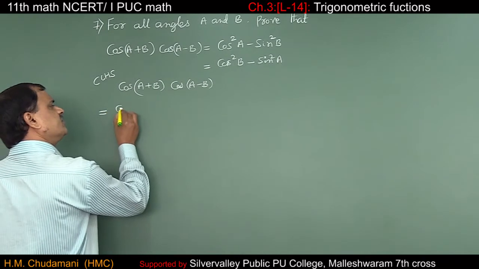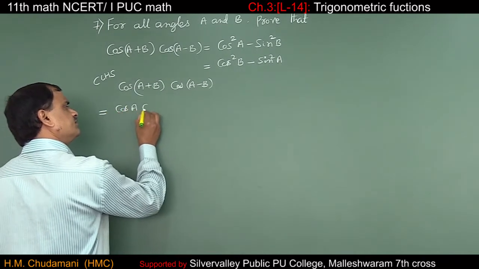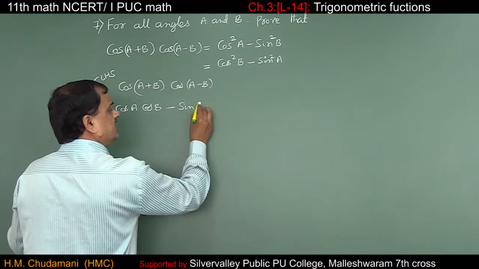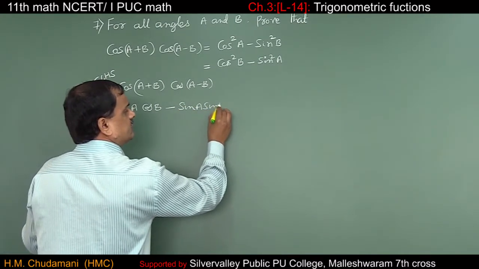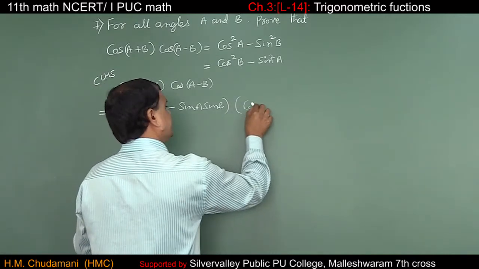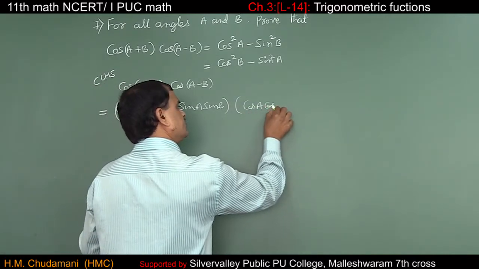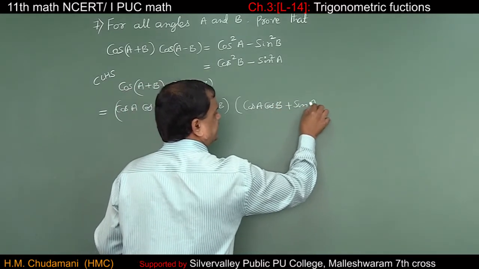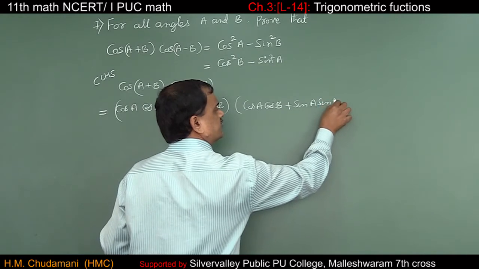What is cos of (a plus b)? Cos a cos b minus sin a sin b, and cos of (a minus b) is cos a cos b plus sin a sin b.